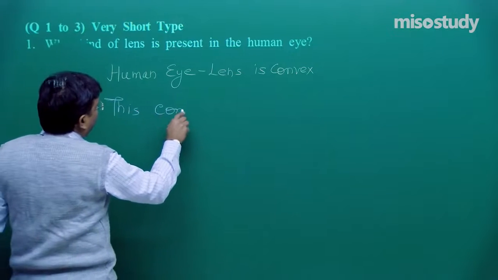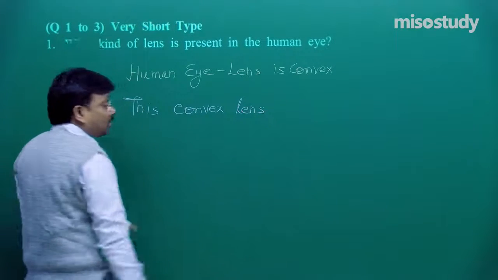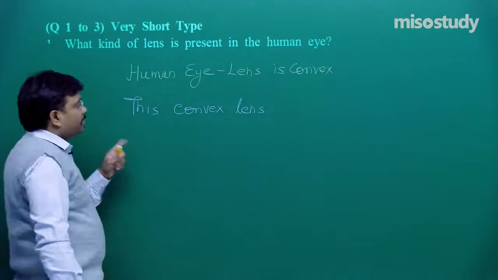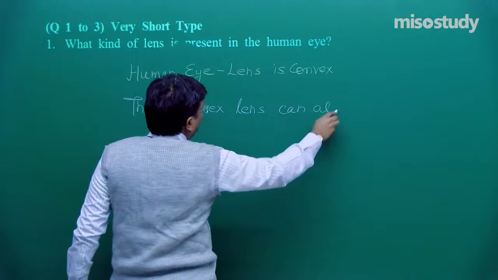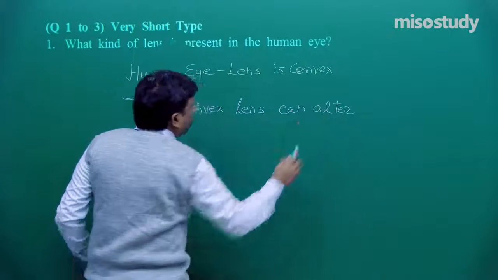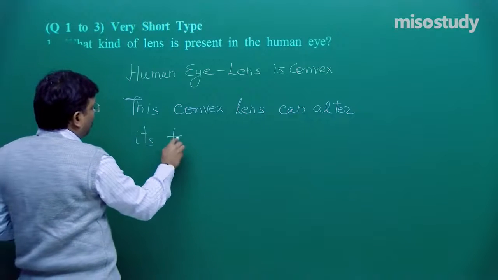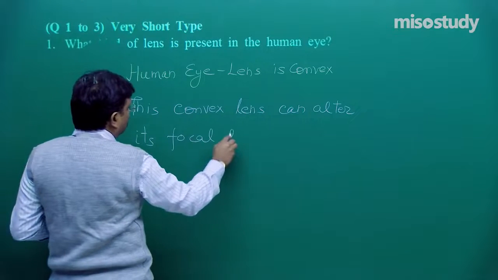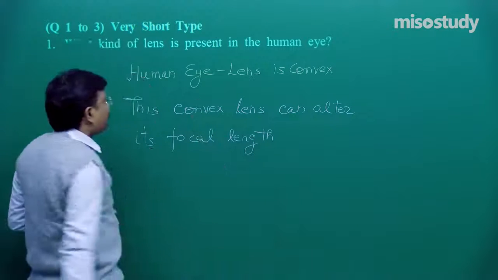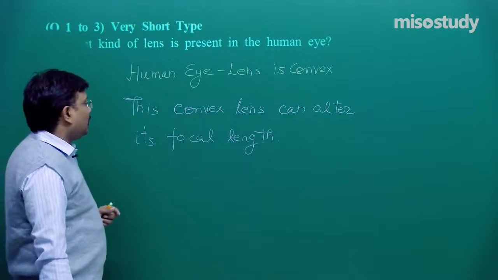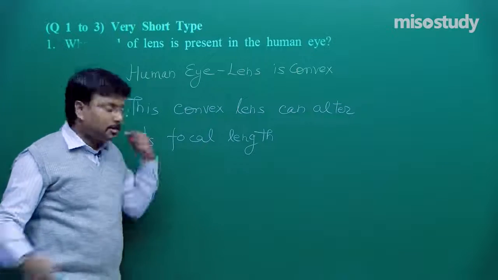This lens in the human eye, this convex lens, can alter its focal length. So, this is the answer, more than sufficient.